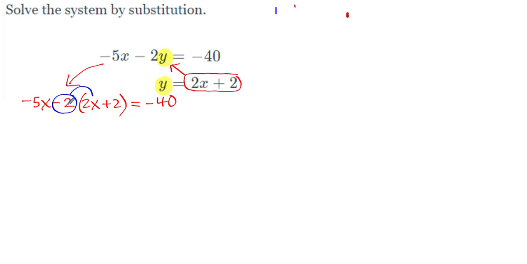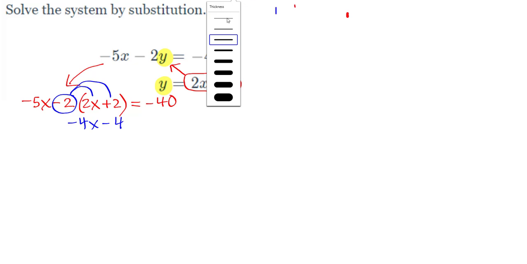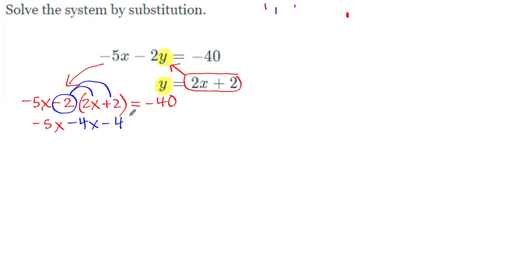So negative 2 times 2x is negative 4x. A negative 2 times a positive 2 is a negative 4. So I'm going to bring down the negative 5x, bring down the equal, bring down the negative 40. I'm going to combine negative 5x and negative 4x because those are both x terms. So that's going to simplify to negative 9x minus 4 equals negative 40.